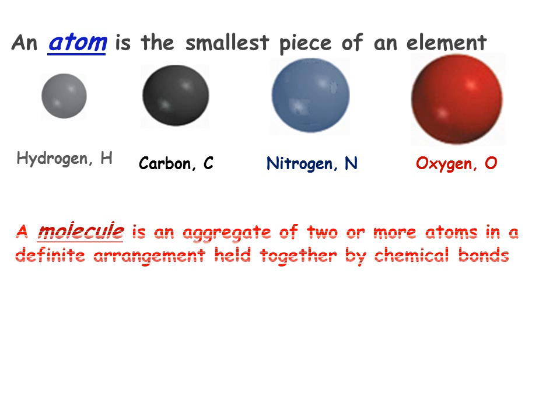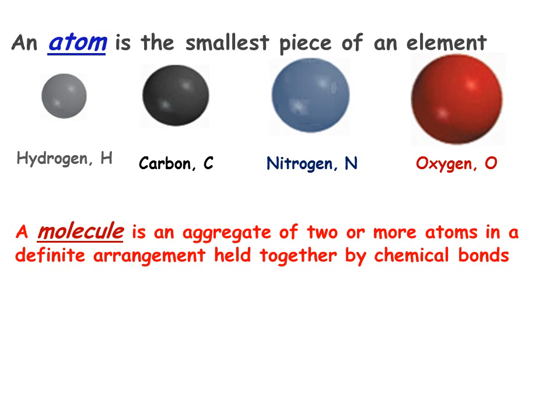Okay, now have you ever thought about what is a molecule? Like how many atoms are in a molecule? A molecule is an aggregate of two or more atoms in a definite arrangement held together by chemical bonds.